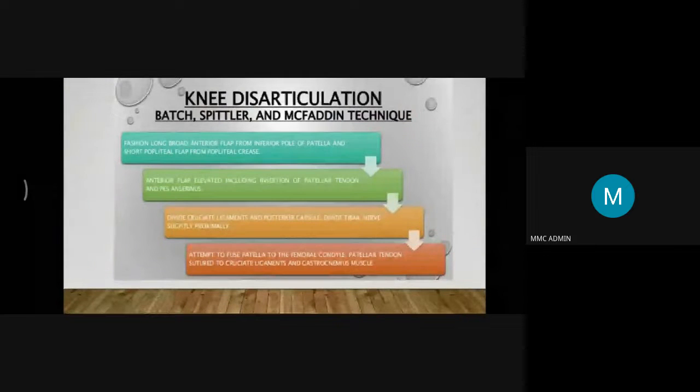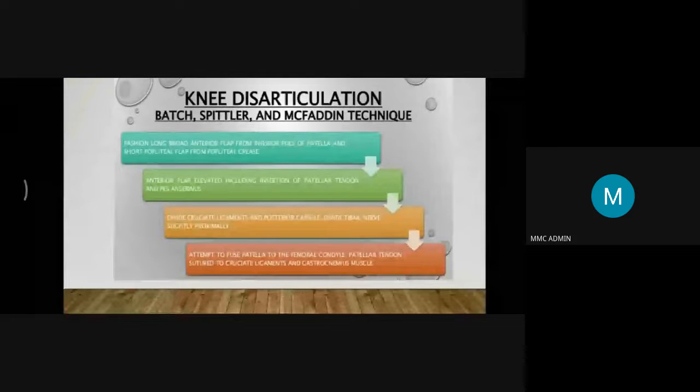Then, as I said, knee disarticulation. There are three techniques. The first is the Batch, Splitter, and McFadden technique, in which the anterior flap is left very long, which will be used to close the wound at the last. The flap is long, the popliteal vessels are ligated, and the tibial nerve is also ligated.